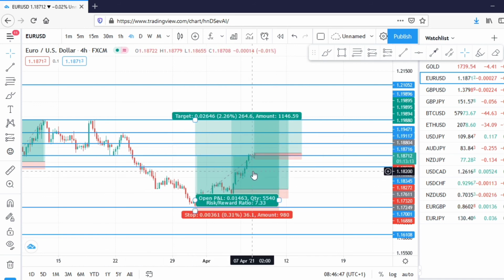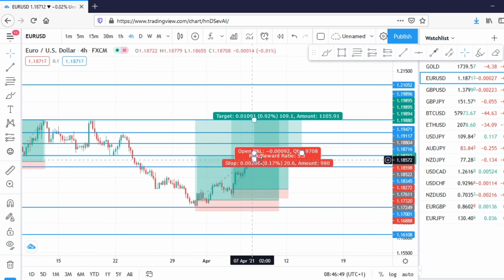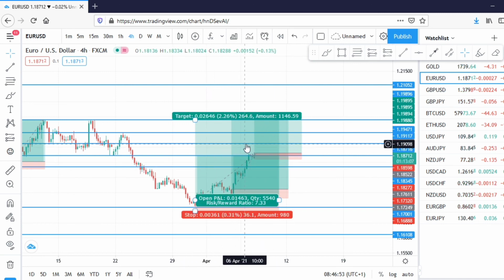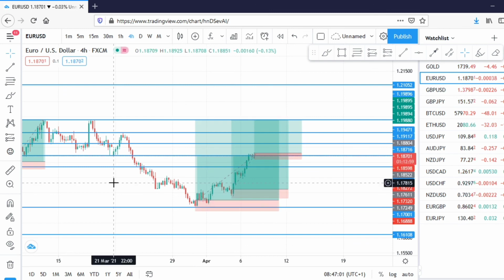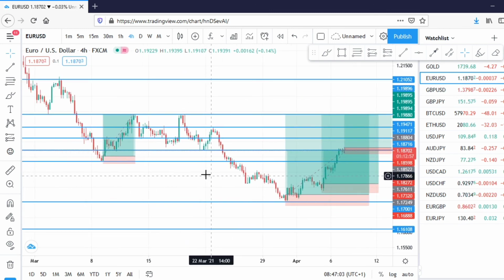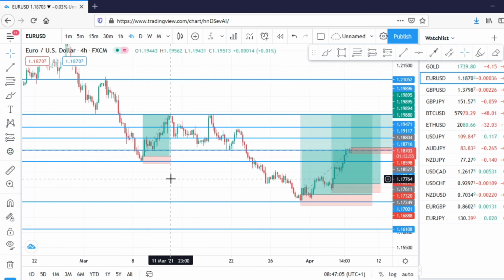So altogether I would have about 600 pips on this trade here, or 580 pips, which is very, very good.